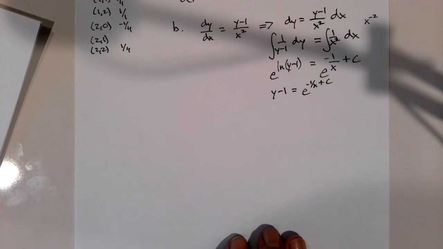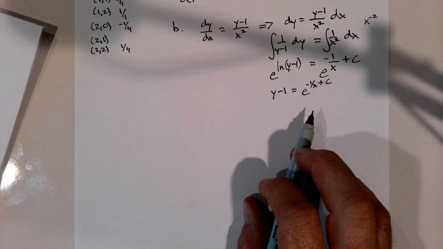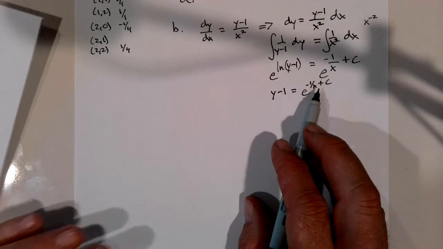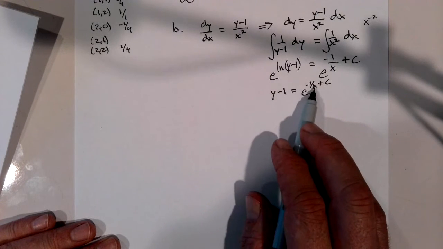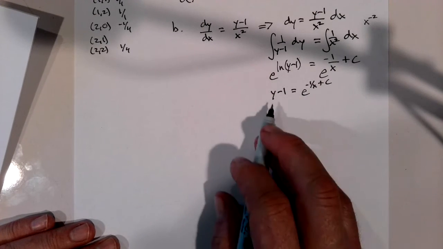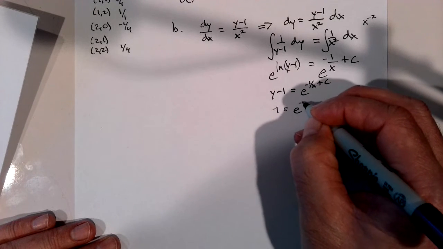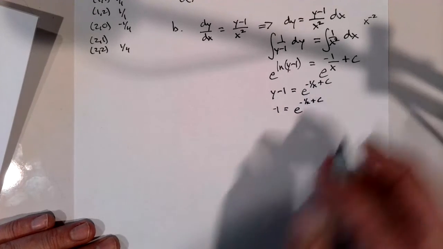Now in this situation, you can really go ahead and deal with your values. So you can plug in that 2 for x and that 0 for y. So -1 is equal to e to the -1 over 2 plus c.